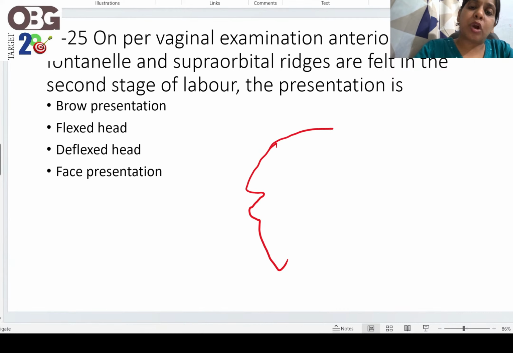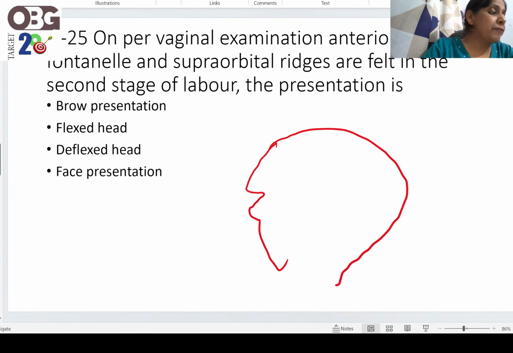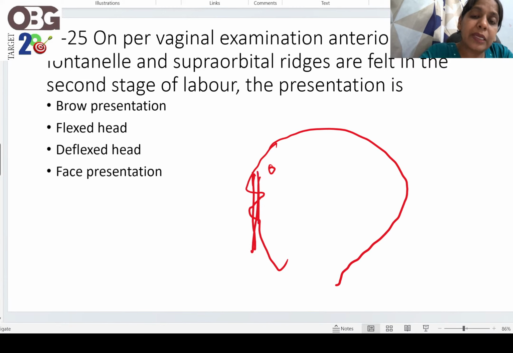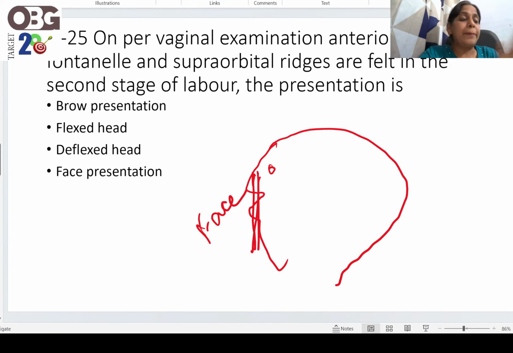So now let us draw the fetal skull. If this is the fetal skull, then the part which is below the eyes is the face. We are dividing the fetal skull into three parts. The part below the nose, which contains nose, lips and chin, is the face part.